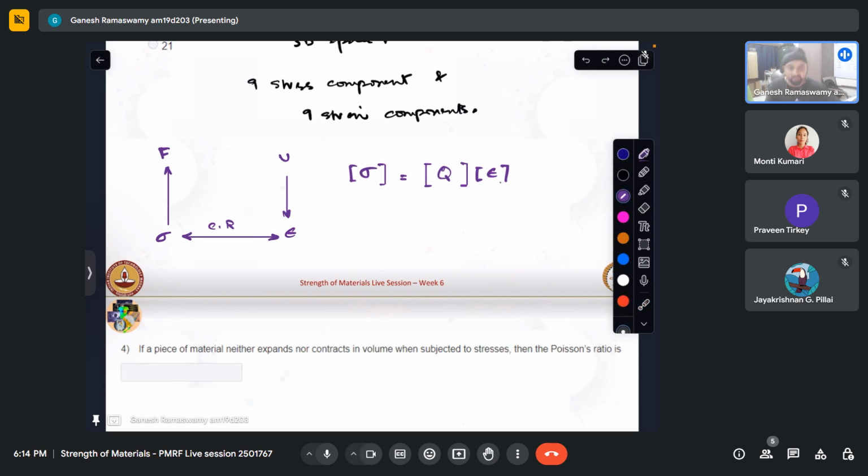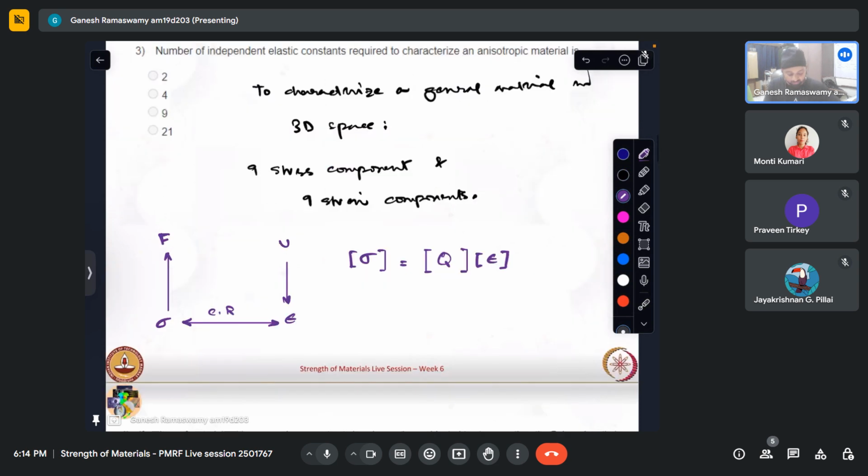But essentially, what we try to say is, from our first principles, what we know is the symmetry of stress tensor, the symmetry of strain tensor, and certain strain energy relations, because of which the number of constants needed to characterize that material will keep on reducing, which comes to 21 when we have a general anisotropic material.